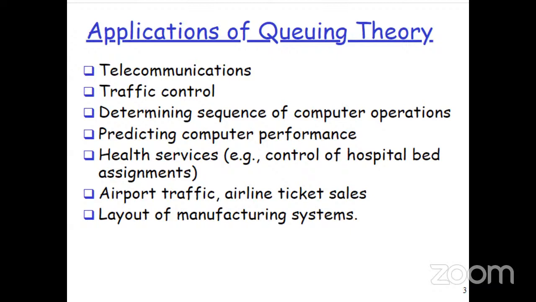Then to control traffic, they implemented this queuing theory. One after the other, the signal has to be released so that the traffic will go easily. Determining the sequence of computer operations is also there. Predicting computer performance. Health services, for example, control of hospital bed assignment.